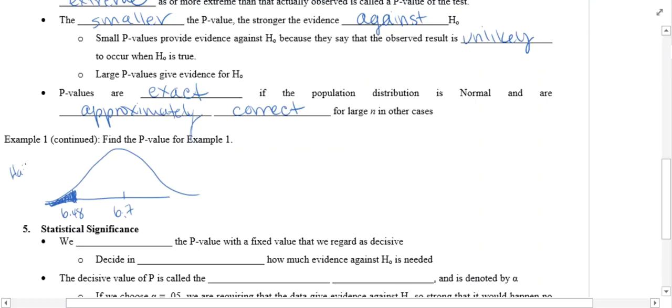Our alternative hypothesis was that mu was less than 6.7. So notice that we're shading in the same direction. We're going smaller than. So we're saying what's the probability our x bar is less than 6.48. It's going to equal normal CDF, negative infinity to our z-score that we found for it, which is negative 2.20.